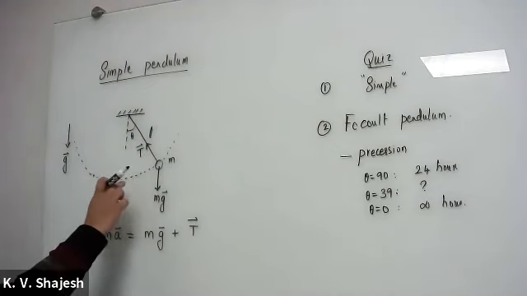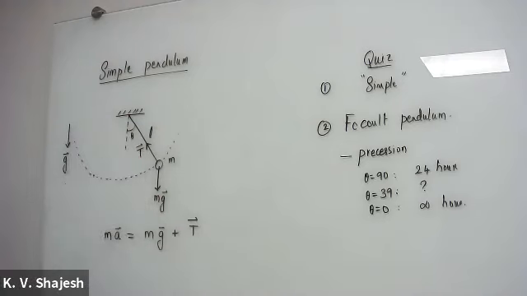But here, as it is hanging, there is a constraint that it has to move on a circle of length L, and that's the job of T. T makes sure, or constrains, M to move along the circle. I want to use the word constraint because the Lagrangian works a lot with that.